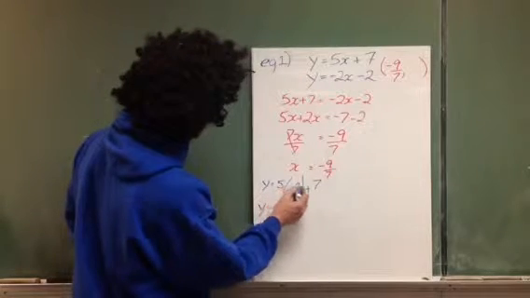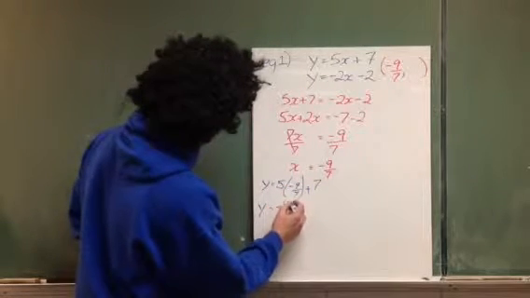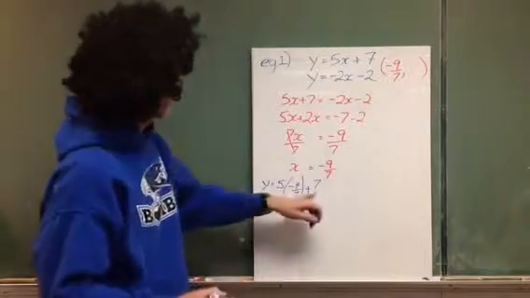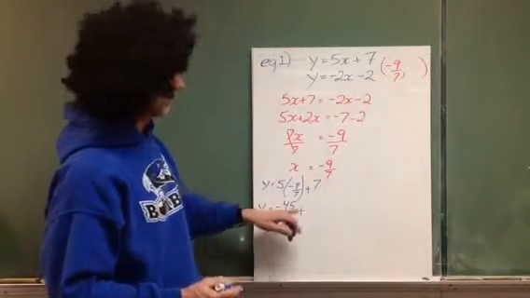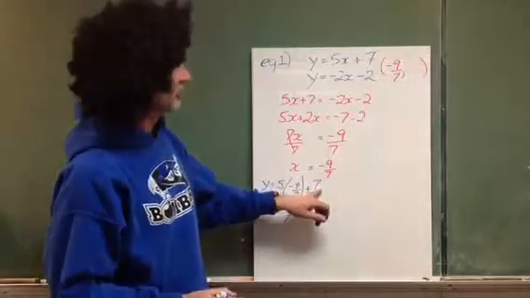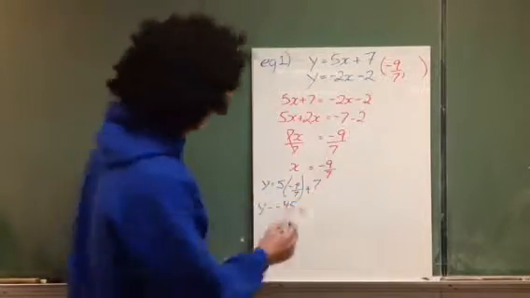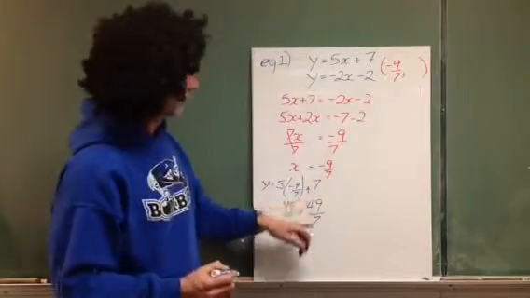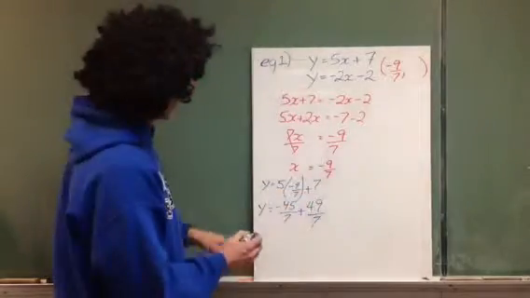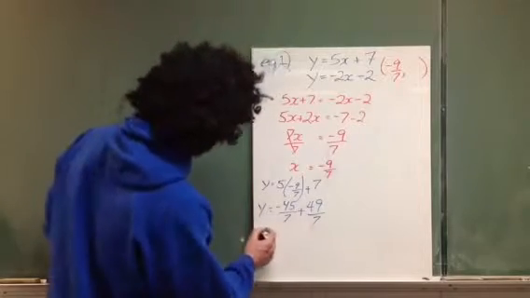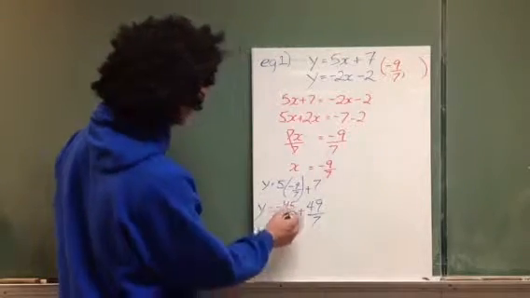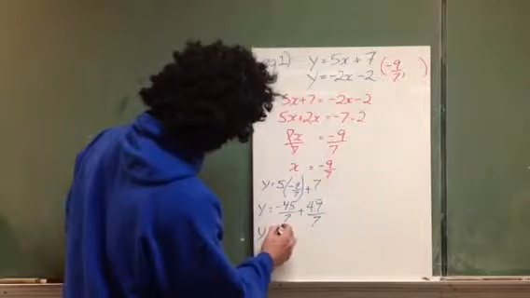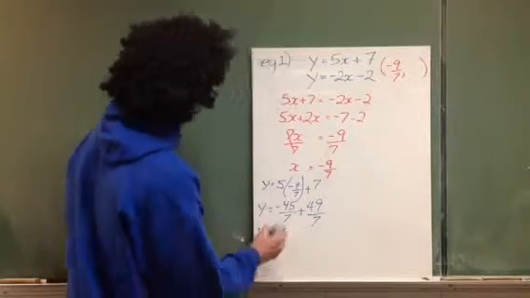Y equals 5 times negative 9 is negative 45 over 7 plus. Now to add 7 to this is going to be difficult because we don't have a common denominator, so I'm going to change the 7 wholes to 49 sevenths, keeping in mind that 49 sevenths is 7 wholes. Now the addition is a little bit easier. Y equals negative 45 sevenths and positive 49 sevenths is positive 4 sevenths. So that's my value for y.